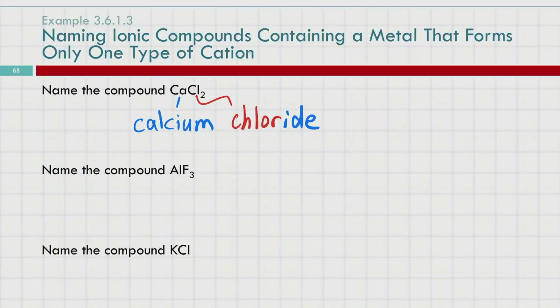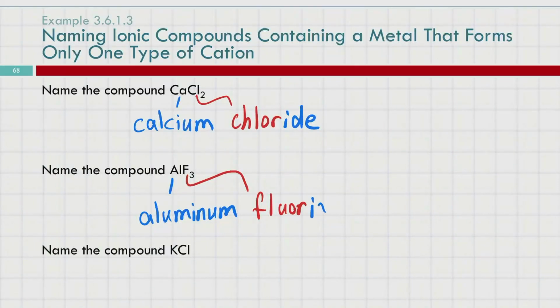For our second one, we've got Al, aluminum, and we find fluorine, but it's an ion, so we change the ending to -ide, aluminum fluoride.